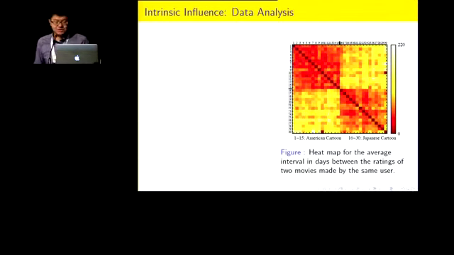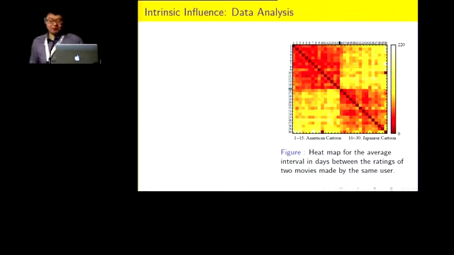In order to validate the effect of the intrinsic influence, we also conduct data analysis on real data. We select 13 movies tagged with American cartoon and Japanese cartoon respectively, and draw the heat map for the average interval in days between the ratings of 2 movies by the same user.